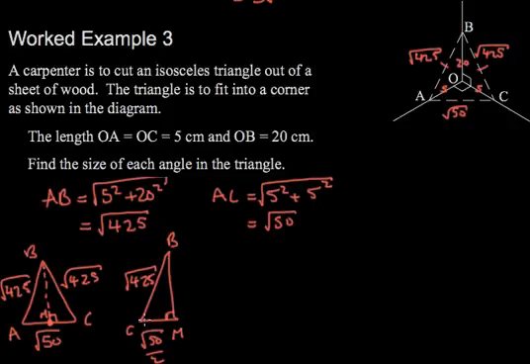I can use these two lengths now to find this angle, and that angle is the same as this angle, which is one of the angles that it's asked me to find. And because it's isosceles, I know that it's also equal to that one over there. So what is the angle BCM? That's written like this, angle BCM, and I'm going to call that theta.